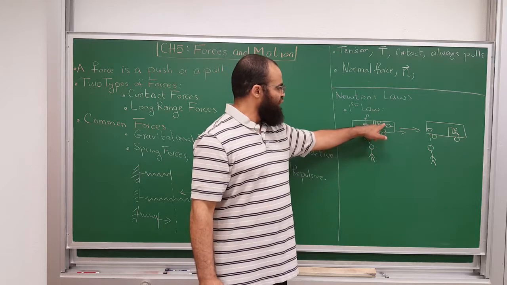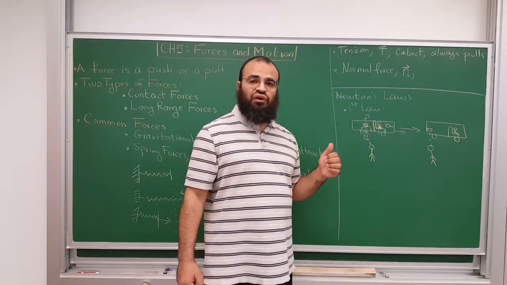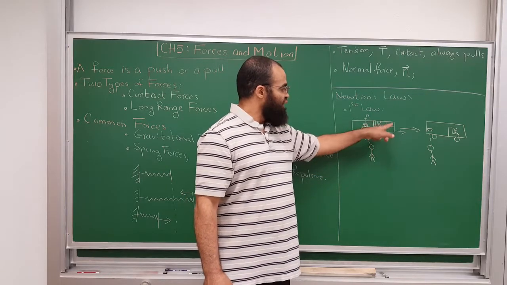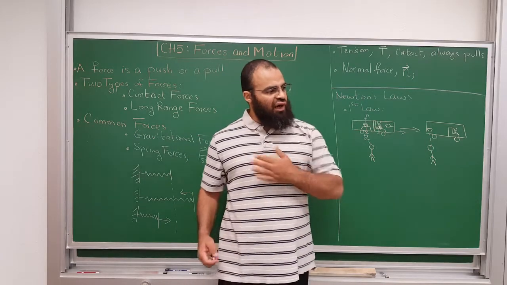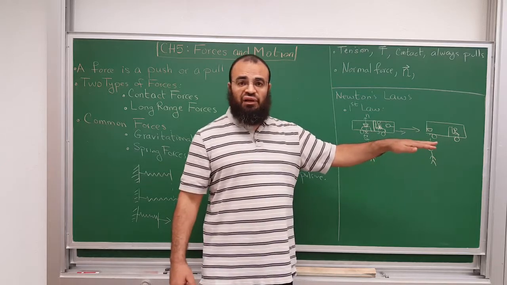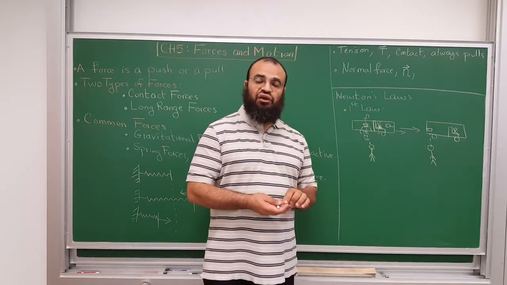For the person here, they will think that the cup of coffee has accelerated backward for no reason, and the explanation for that is that the car is a non-inertial frame of reference. Once the car accelerates and settles down and moves, let's say, at 80 miles an hour, then it will become an inertial frame of reference.